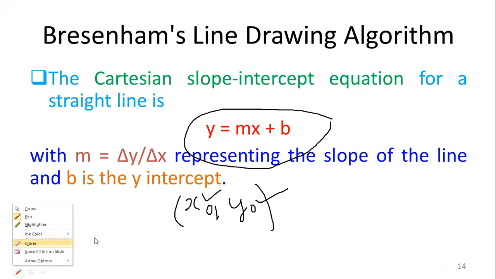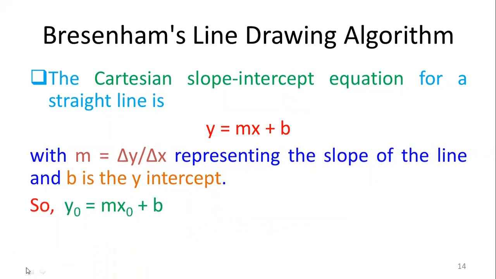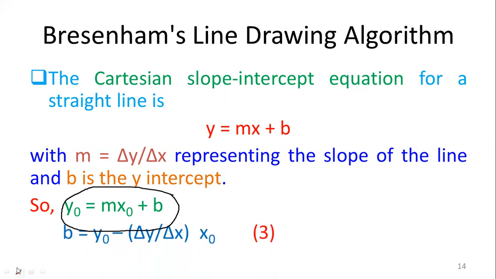In the above equation, y is equal to mx plus b, instead of y, I will substitute y0, and instead of x, I will substitute x0, because x0, y0 is the left endpoint. So then what will I get? Then you'll get y0 is equal to mx0 plus b. So what is b then? From this equation, b will be this.